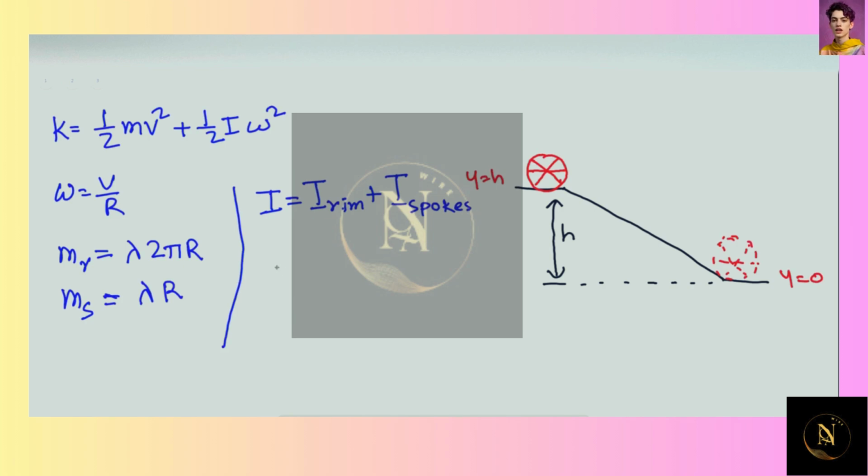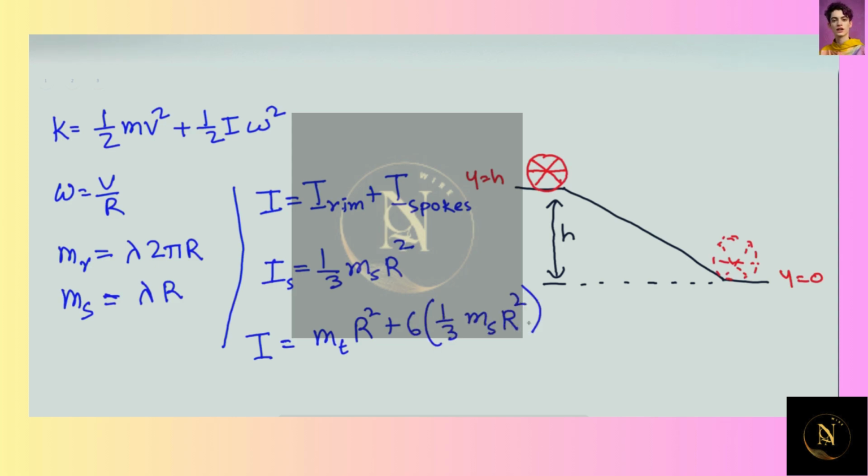For each spoke, let's call it Is, I is 1/3 ms r squared. So we can get the total moment of inertia I as mr r squared plus 6 times 1/3 ms r squared. So that's the total moment of inertia.